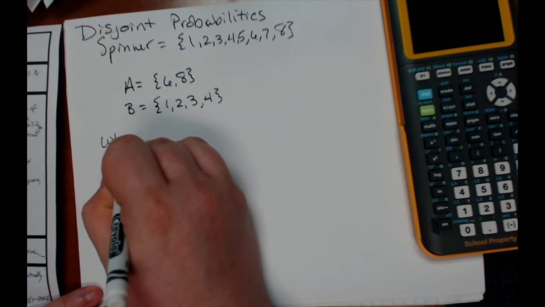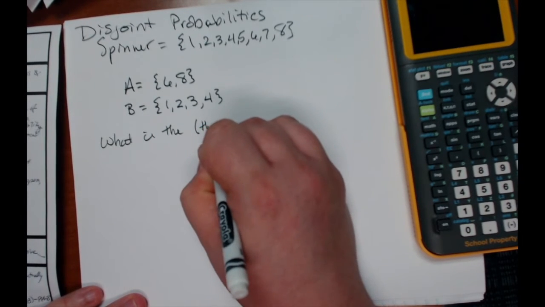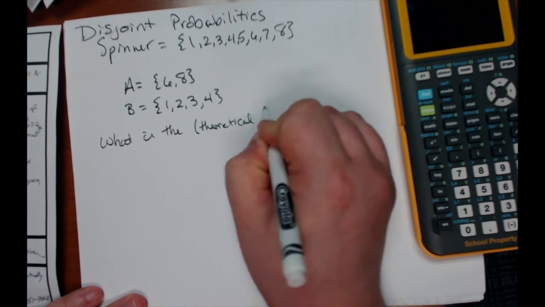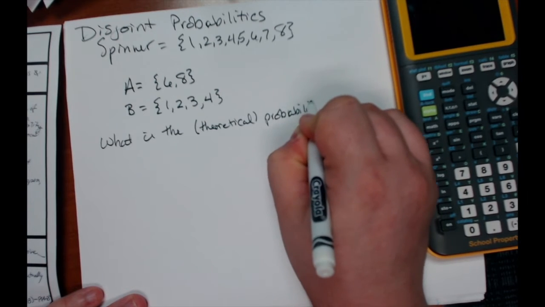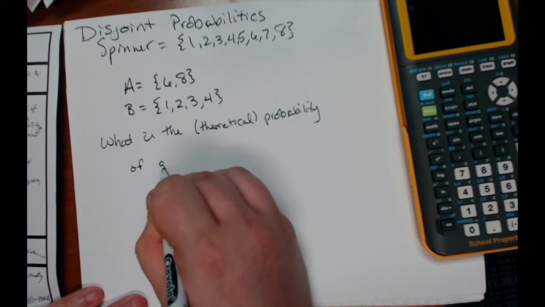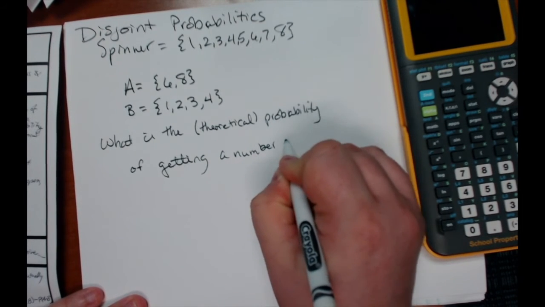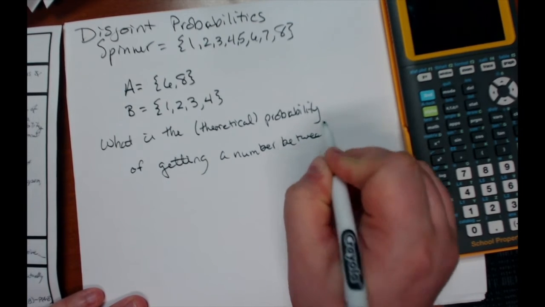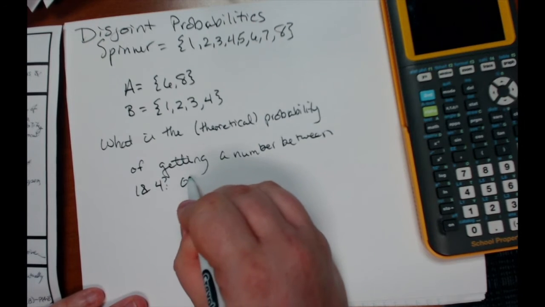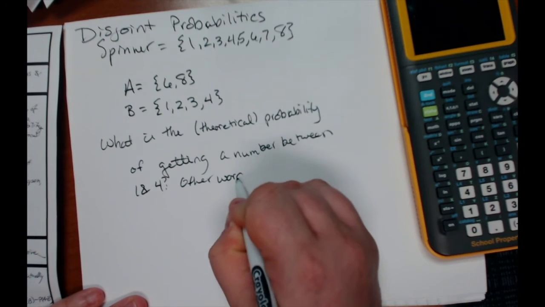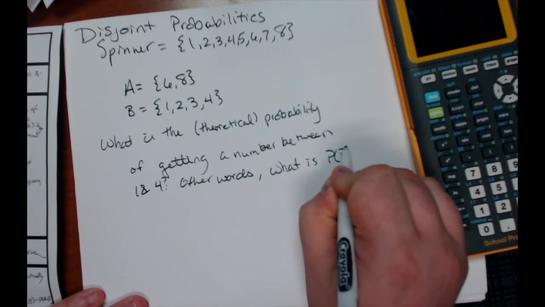What is the theoretical probability of getting a number between 1 and 4? In other words, what is the probability of B?